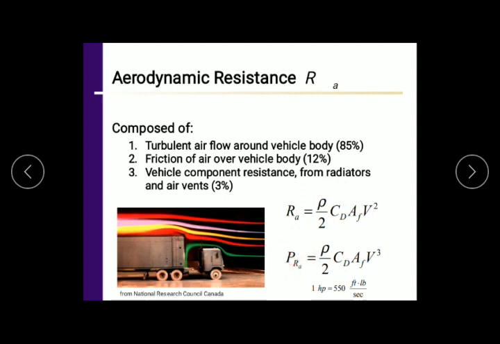For PRA, the formula becomes rho/2 x CD x AF x V cubed, where 1 HP is equal to 550 foot-pounds per second.